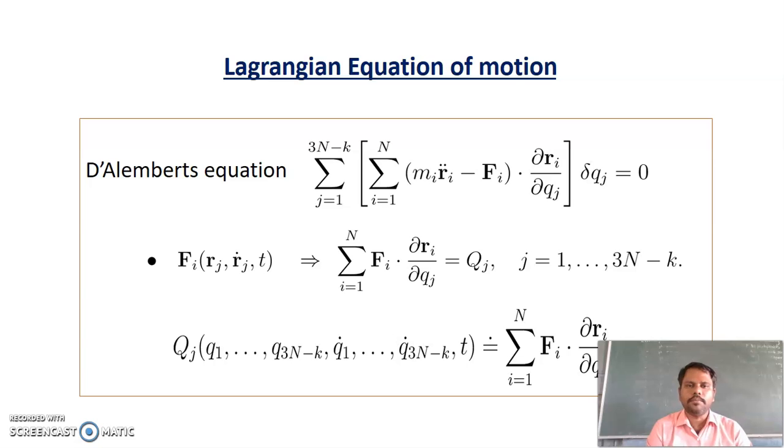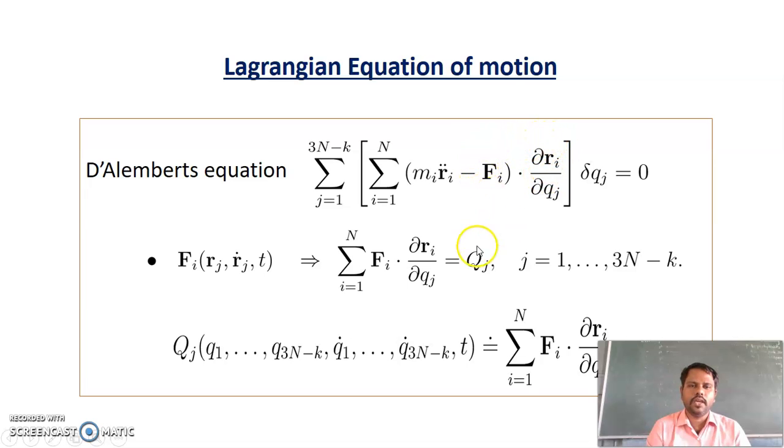Here we have two terms. Fi is the applied external force and this is a reversed effective force. Now let's simplify term by term. Consider the second term, which is given by Fi dot dou Ri by dou Qj into delta Qj.